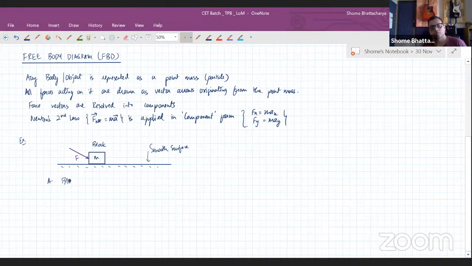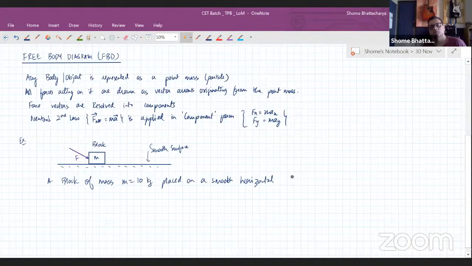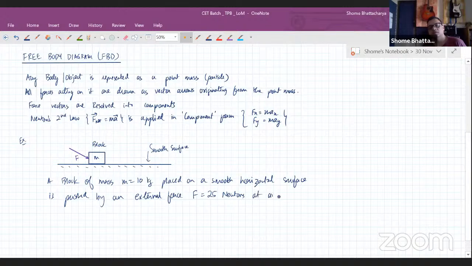So a block of mass m equal to, let's say, 10 kilograms placed on a smooth horizontal surface is pushed by an external force F. Now let us say the magnitude of the force is equal to 25 newtons at an angle of 37 degrees with respect to the horizontal, let's say.